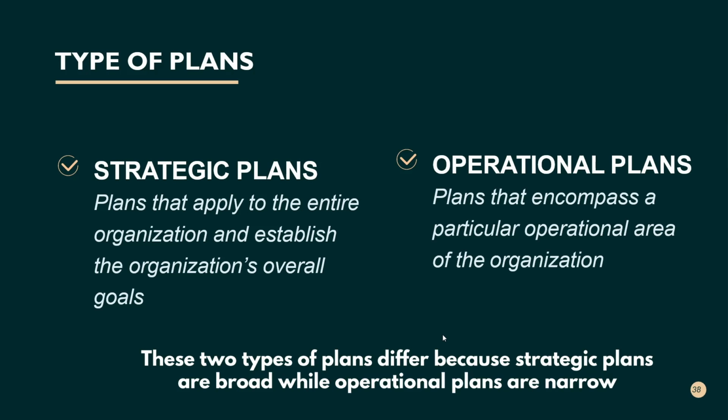So, ito yung mga plans that will detail the day-to-day activities required to meet the organization's short-term goals. Okay? So, while strategic plans are focused on the organization as a whole and its long-term direction, operational plans are more specific and deal with individual departments and short-term objectives.